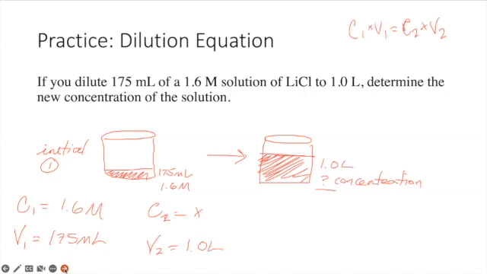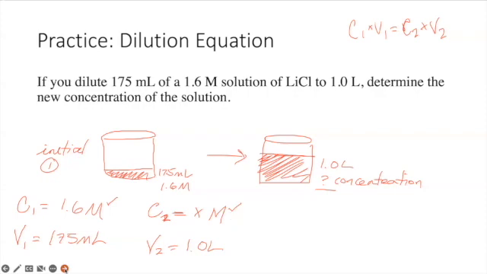So there's one trick with using this equation, and that is the units. It doesn't matter which units we use for concentration or volume, as long as we use the same units on each side. So if my C1s are in molar, I want them both to be in molar. And since we are solving for C2, we know that it's going to come out in molar.